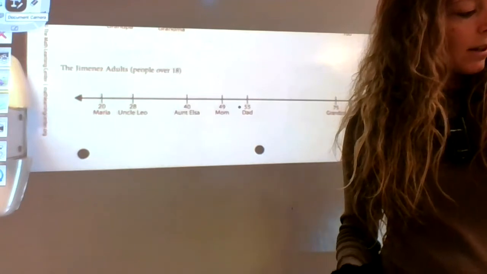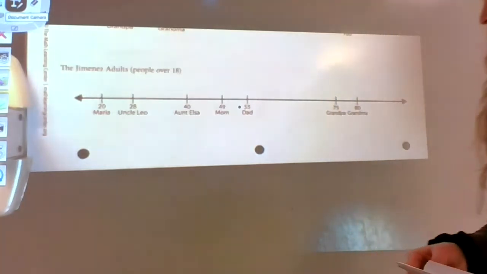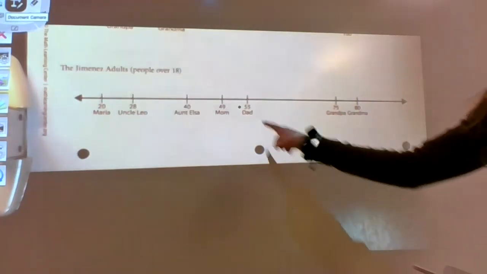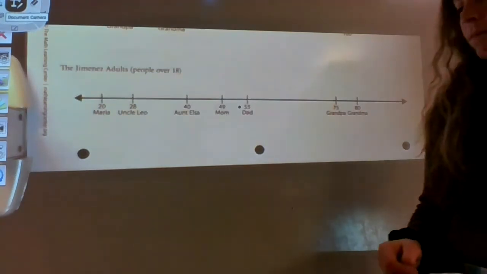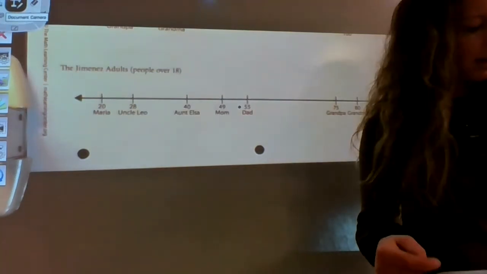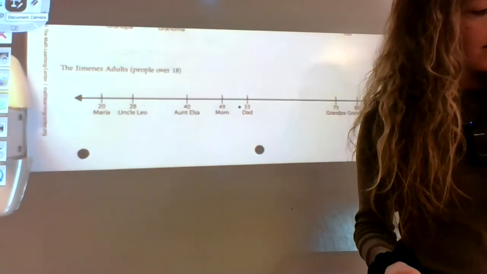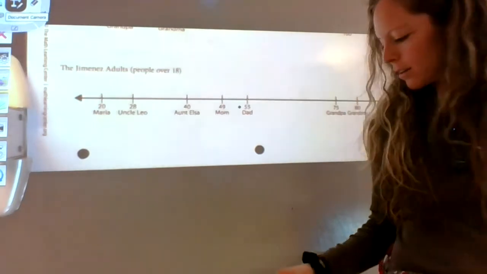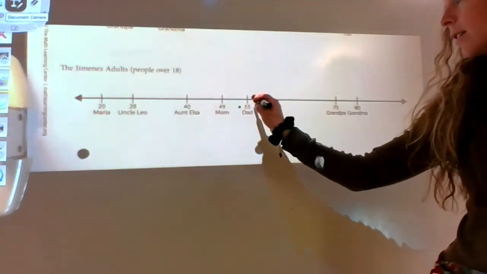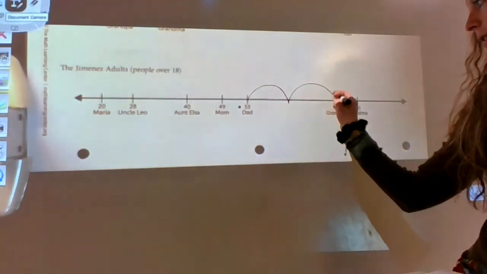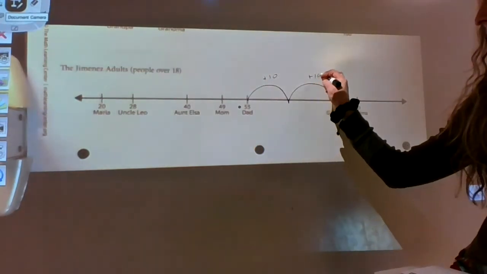First question. Grandpa is older than Dad. How much older? Show me with jumps and numbers. If you said 20, you are correct. 55, 65, 75, I did 2 plus 10 jumps. 20 years older.